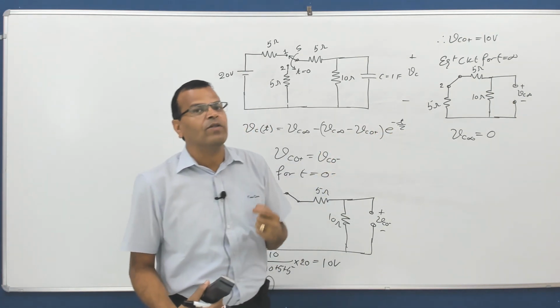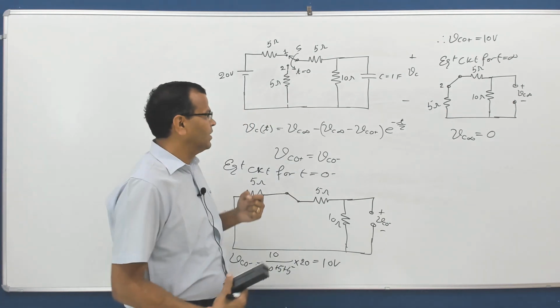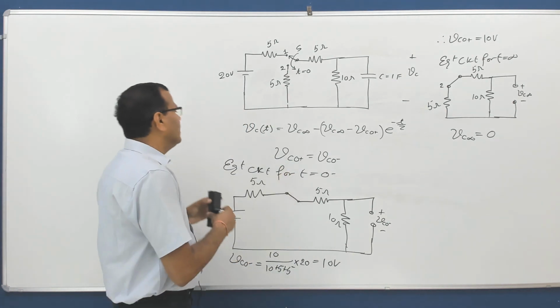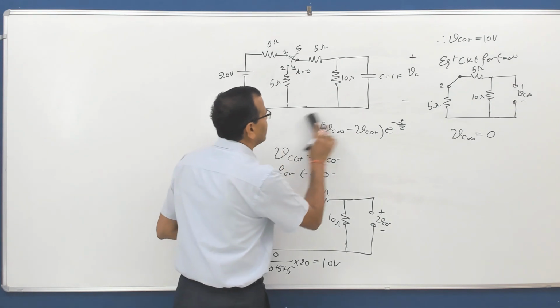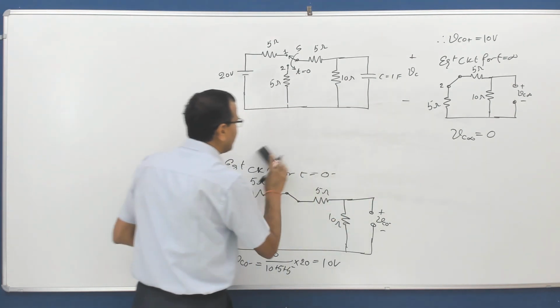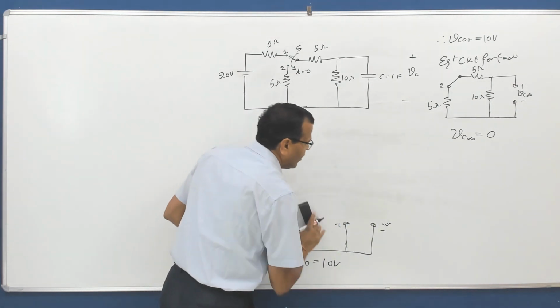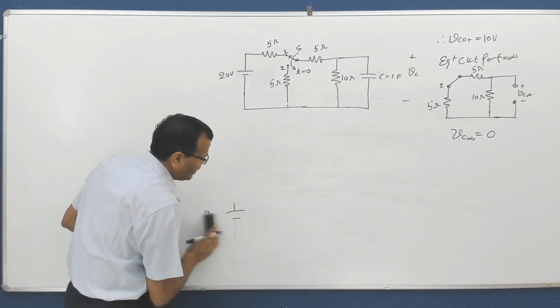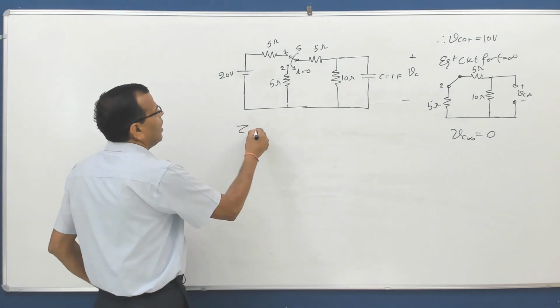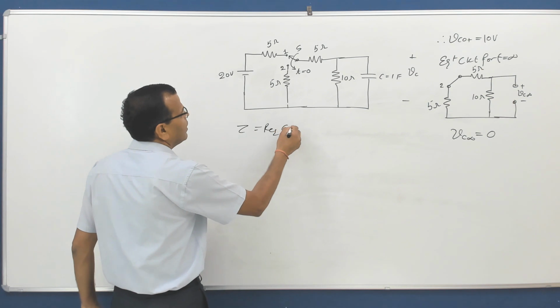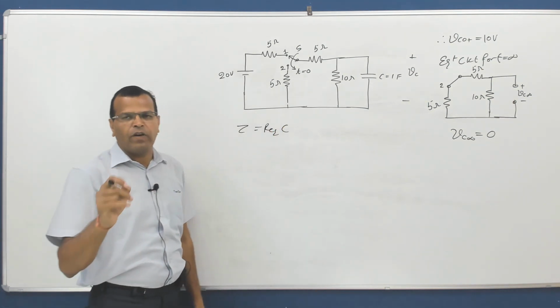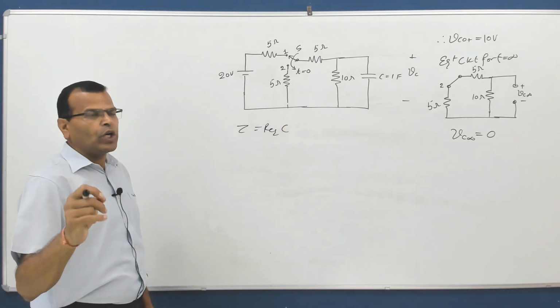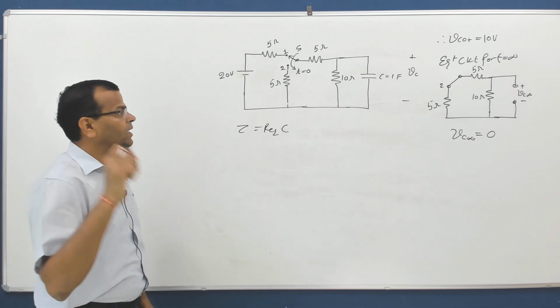So for finding out tau, what is tau? That is the time constant of the circuit, and tau is equal to R equivalent, and I told you R equivalent is Thevenin's equivalent resistance seen across the capacitor terminals.